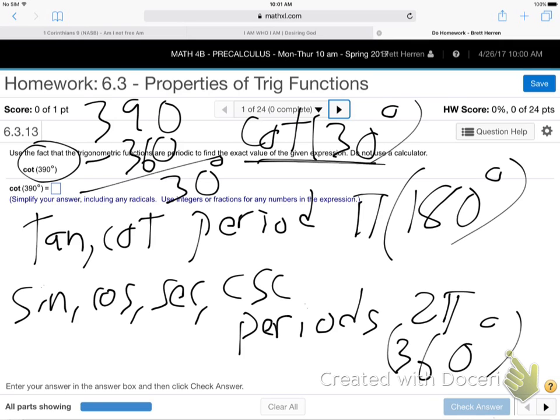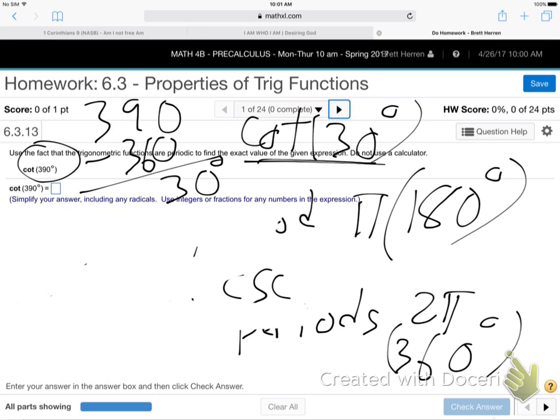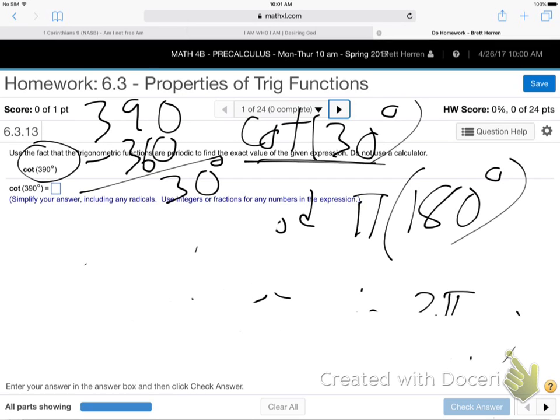Now, what is the cotan? They want the exact value, no calculator, same kind of thing as yesterday. So I've got to find the cotan of 30. So what am I going to do? Do 1 over the tangent, or you can just go right to the definition. I hope you got that down.